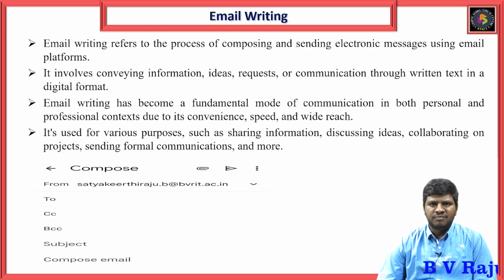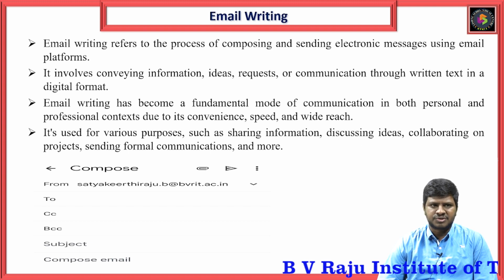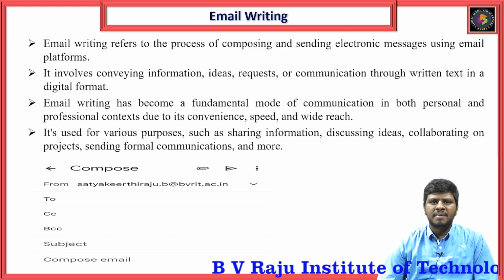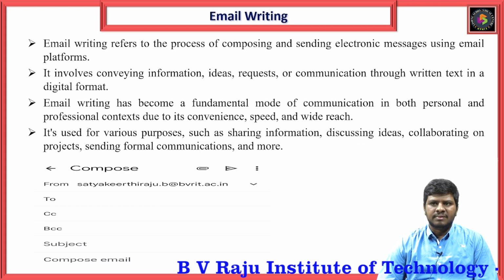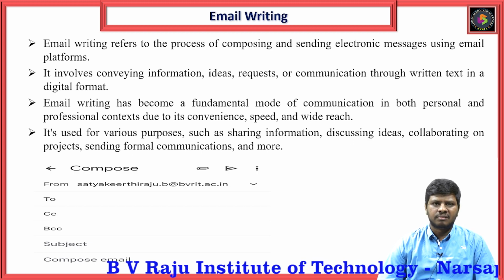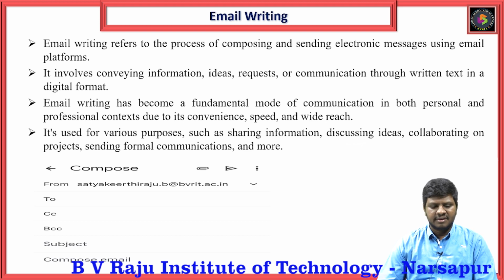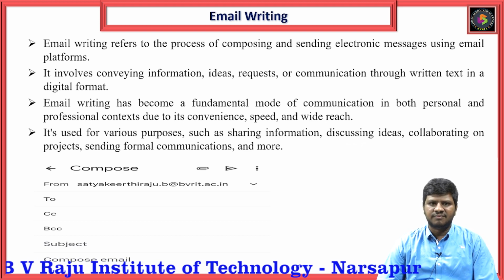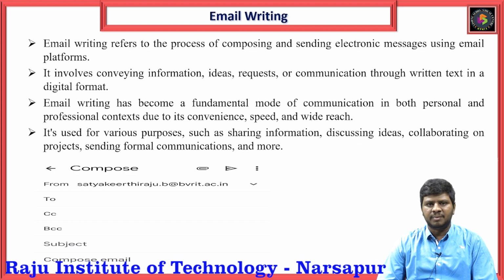CC means when we want to send mail to many people, with one target person, you can also send the mail to other persons in CC, and it will reach all the members at a time. Only one intended person receives it in the main line, and in the backup you can keep CC, and it will also reach other people.